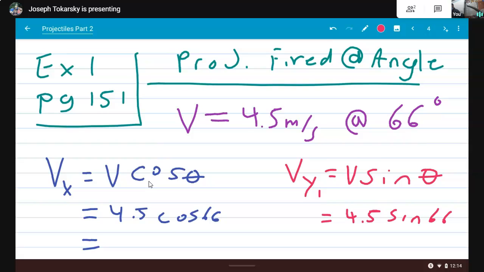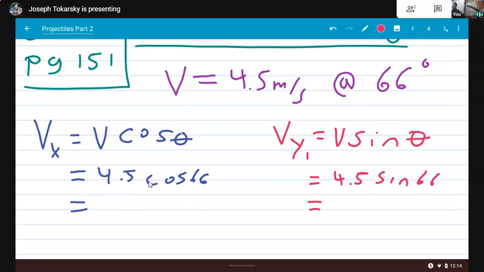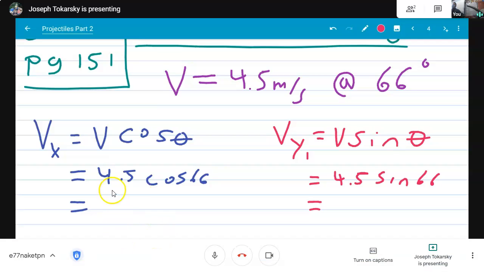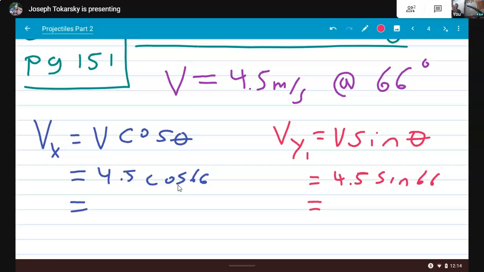I want everybody to make sure you're doing it in your calculators correctly, so pull out or flip over to your Chromebook calculator. I suggested using the Desmos calculator, making sure it's in degree mode. On Desmos, you can just plug in 4.5, hit the times button, hit cosine, and it starts a set of parentheses to put the angle in.